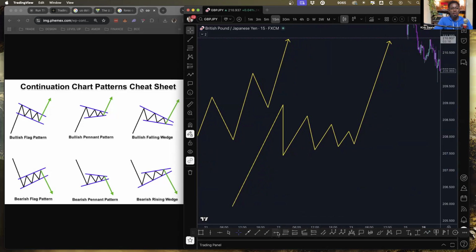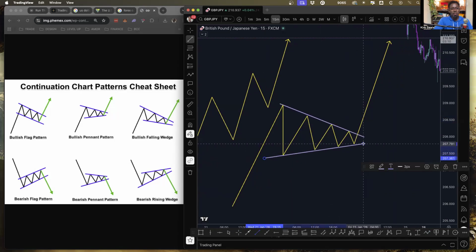This is that wedge feeling, right? Where in reality price is kind of acting like a spring. So price came up, but then it starts to contract, and then it contracts some more, and then it contracts some more. And you know what happens when you push down a spring.